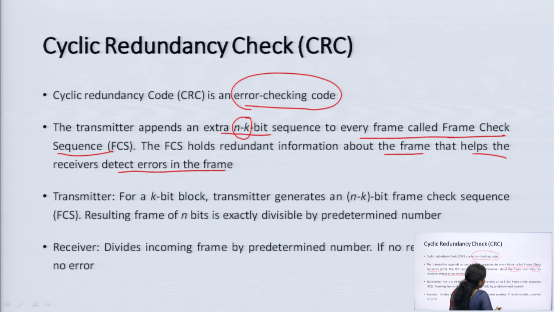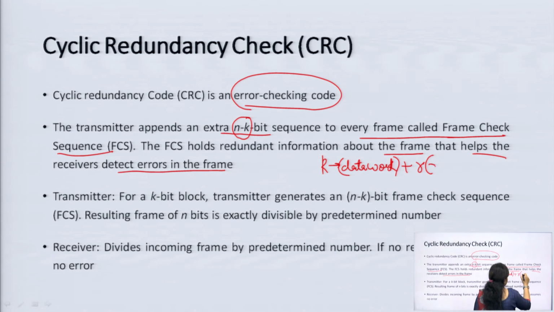So, this is in the same flow. Let us say k is the original data, you can say the data word, and you have added r bits to it, that is the redundant bits. Now, this is equivalent to n.